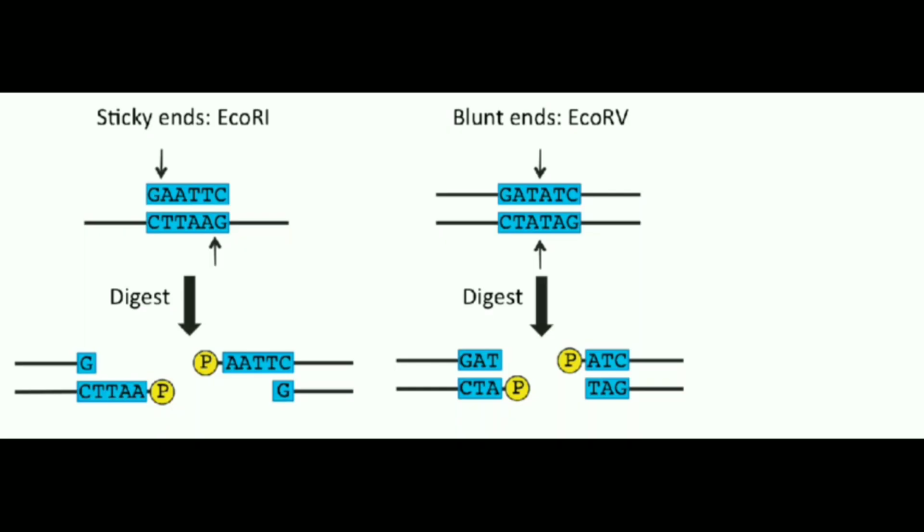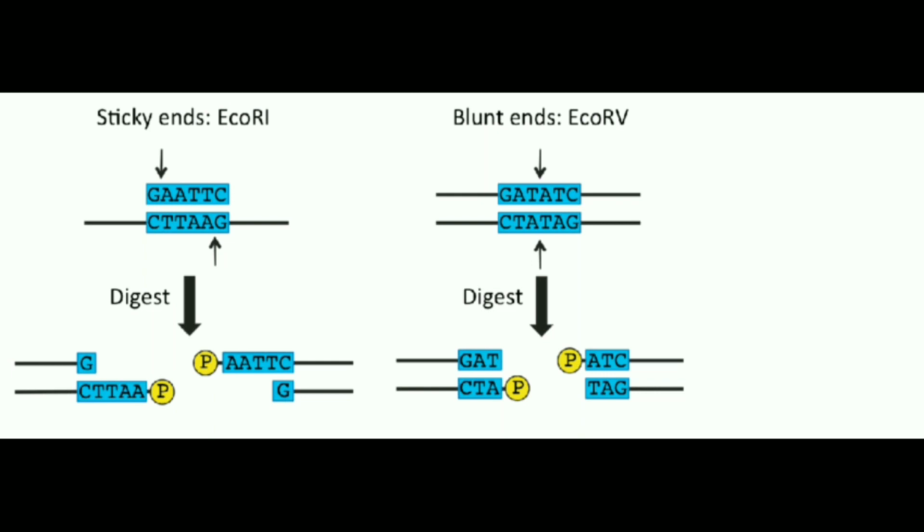As we discussed earlier, a restriction enzyme can cut a DNA in two patterns, either a sticky end pattern or a blunt end pattern. Sticky ends are cuts that leave an overhang, as you can see in the diagram, while blunt ends do not leave any overhangs.